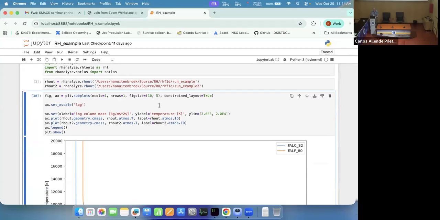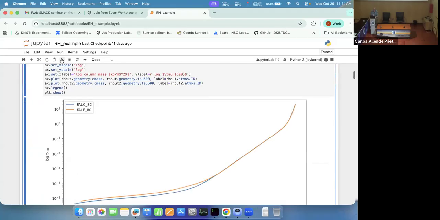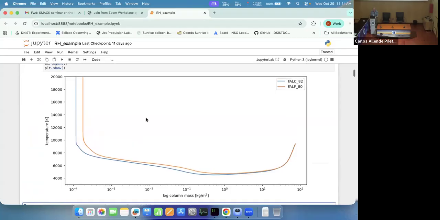Then, for instance, I did a run with the same setup. I changed the model atmosphere, and in this case I used the VAL C and the VAL F, and these are their different temperature structures. VAL F is basically the same temperature throughout the photosphere, a little bit hotter, and then it's hotter in the chromosphere and the transition region.